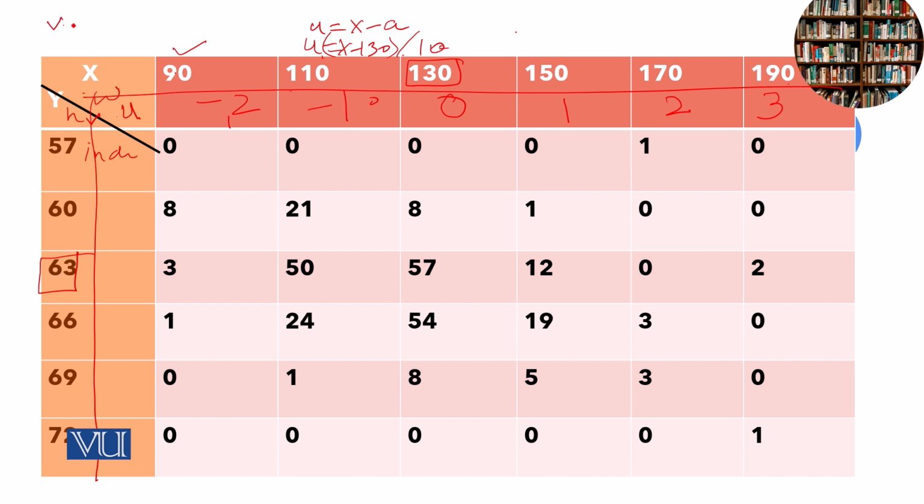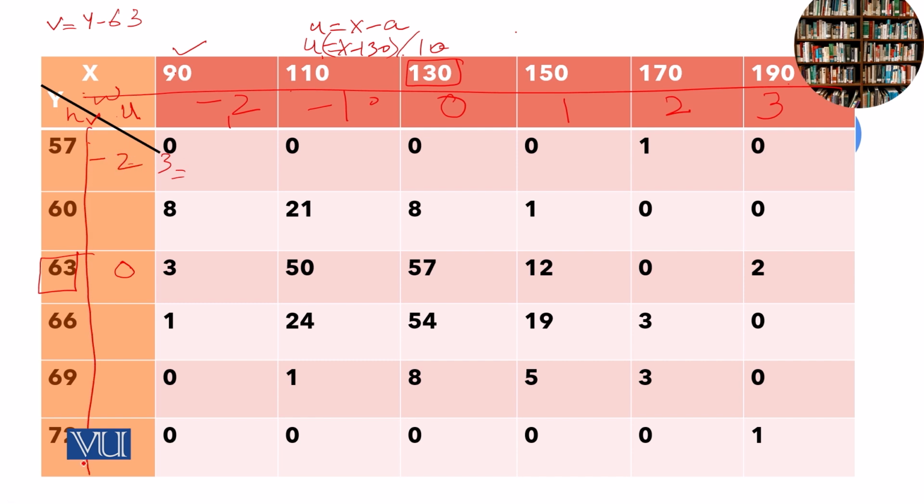Next, for this example, this is the assumed value. So v will be y minus 63. The common difference is 3. So the first value is 57 minus 63 divided by 3, so the answer is 6 divided by 3, which is minus 2.